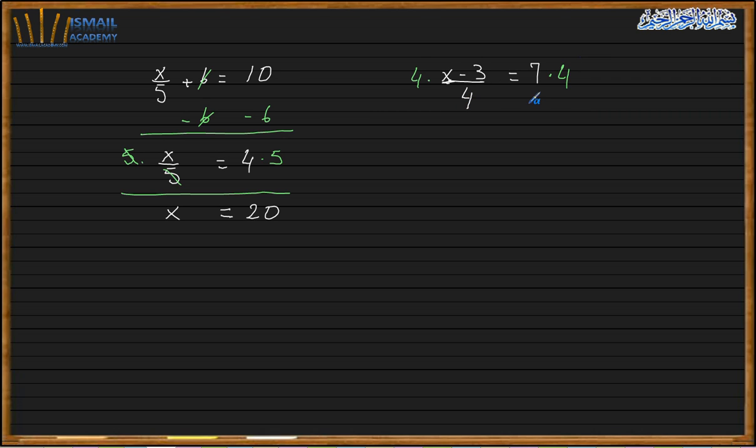I cannot subtract because now we have minus 3, so we add 3. Minus 3 cancels out, and 28 plus 3 is 31.